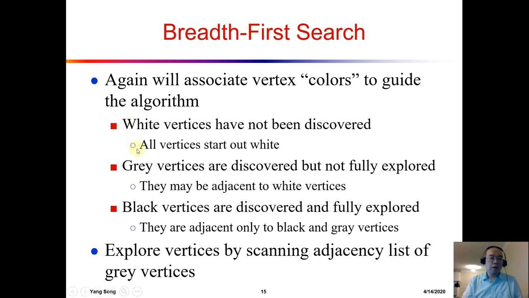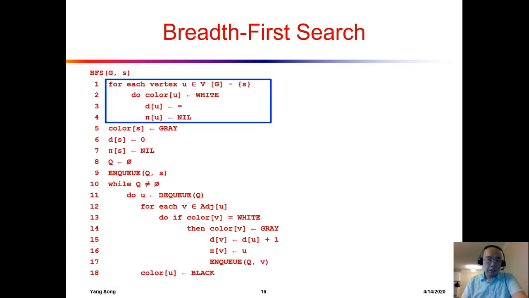Okay, so to start this algorithm, all the vertices are colored white. And then the gray vertices are discovered vertices, but they are not fully explored yet. And then after we have fully explored a vertex, we will color that black. Okay, so we are going to continue the code in the next video.